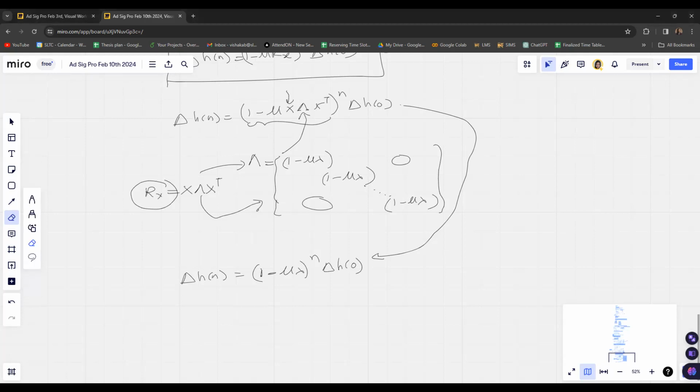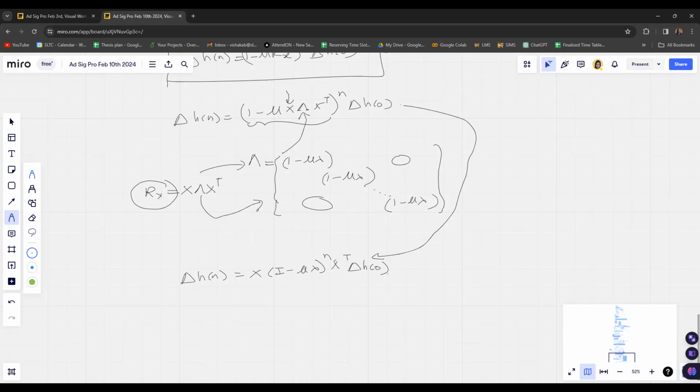So the effects of all these matrices and components have to be considered. So by considering all that, I can write this, all these vectors like X and the I minus mu lambda into n, then X transpose, then this delta H naught.